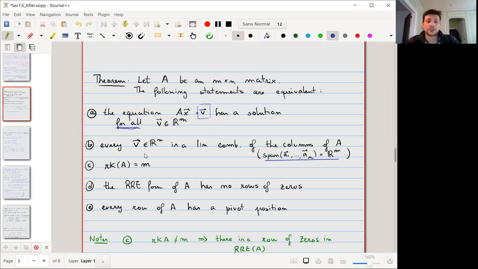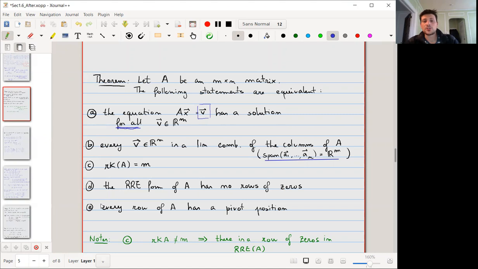Another equivalent way of saying conditions A and B is that the rank of A is exactly m. The condition on the rank ties up the first two conditions that are very abstract in some sense to something very concrete, which is the number of pivot columns in our reduced row echelon form.